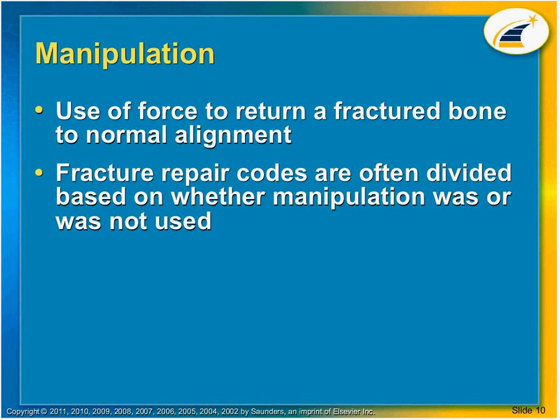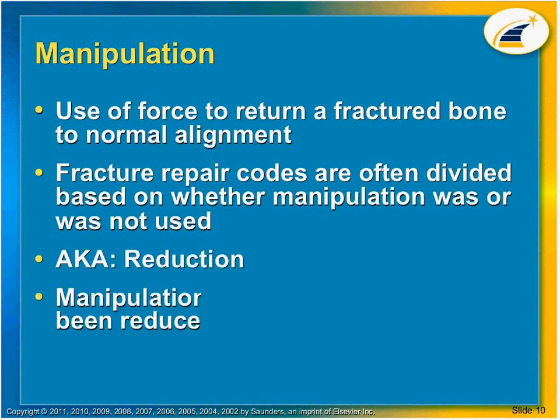So there are separate codes provided for fracture repairs with or without manipulation. The question that is posed is, is manipulation always required for fracture repair? The answer is not always. In a simple fracture, like a greenstick fracture, manipulation may not be needed because the bones are not misaligned. And that's also, as you see here, a reduction.